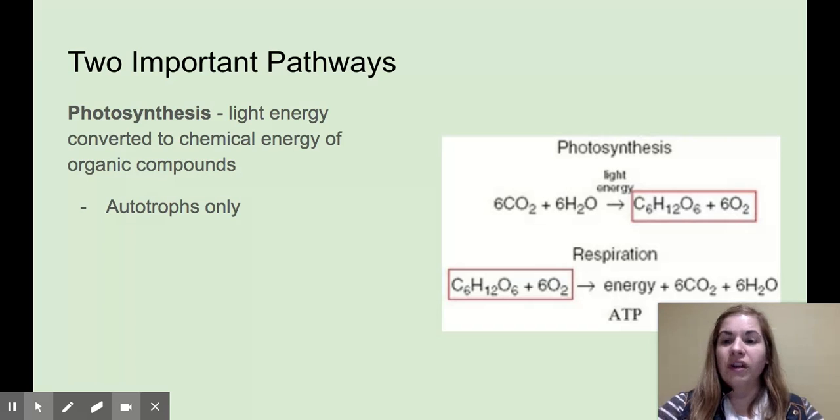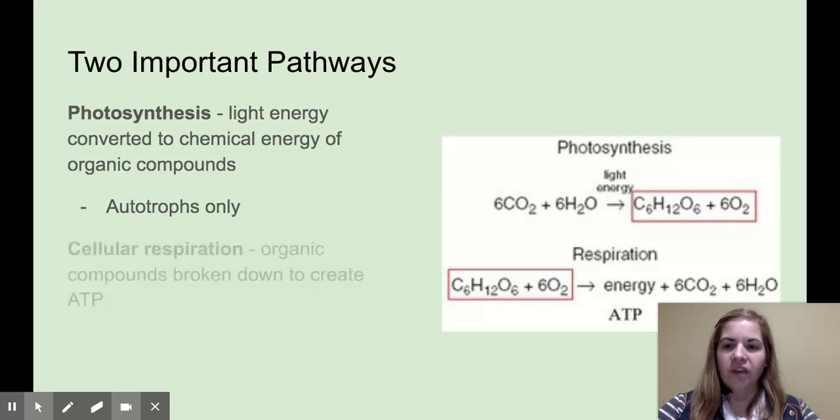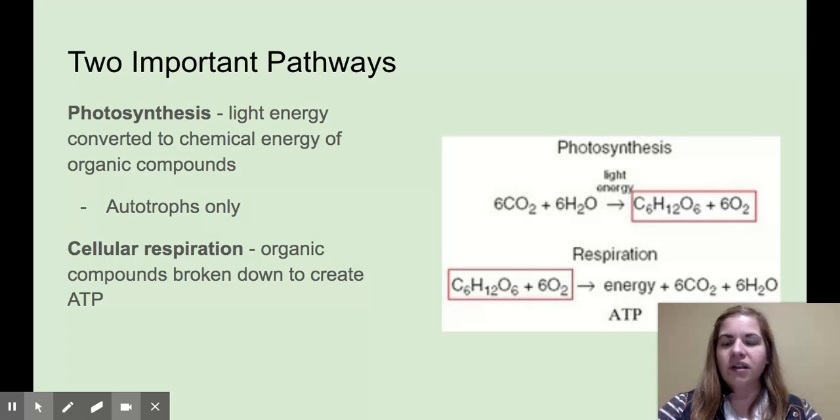So the organisms that go through photosynthesis are only going to be your autotrophs, so anything that makes its own food. On the other hand, there's another way that organisms can get energy, and that's through this process of cellular respiration. Like I said, we'll focus more on this in the future, but this is another way where organisms are getting some sort of food to create their own energy.